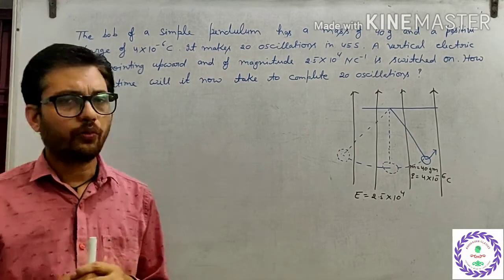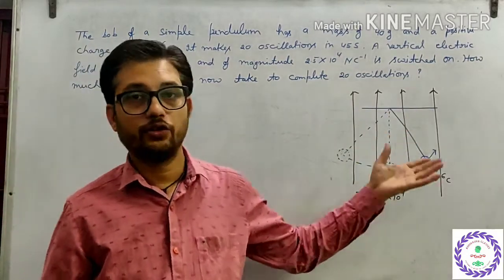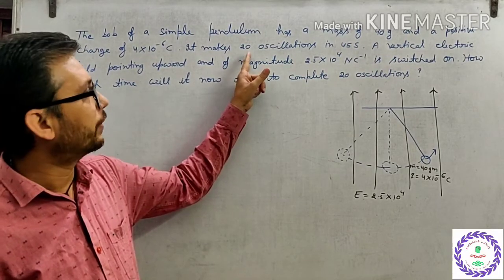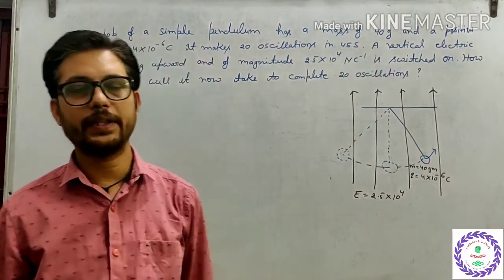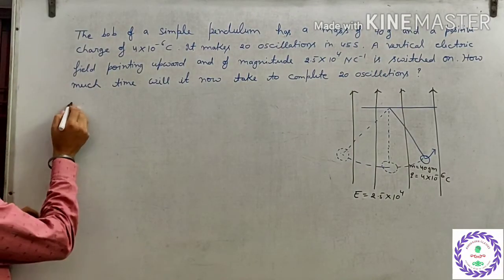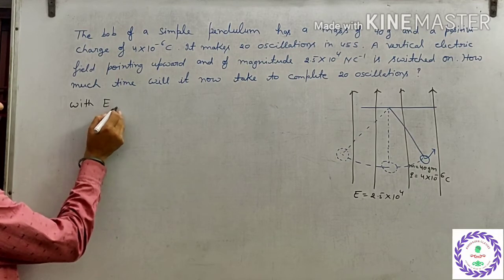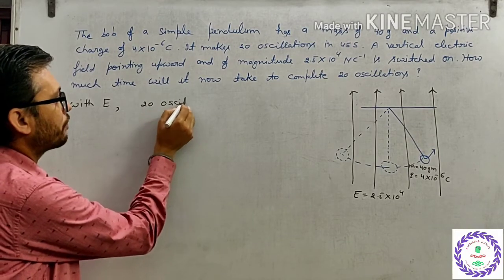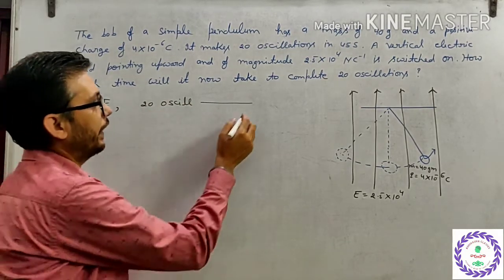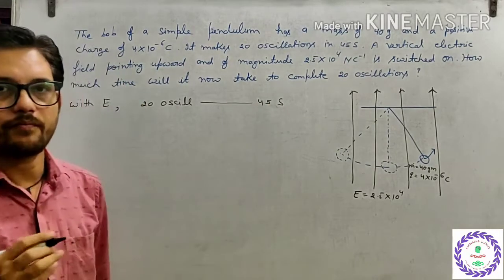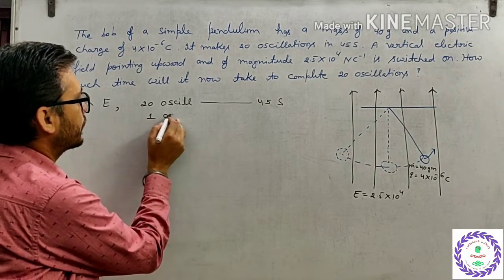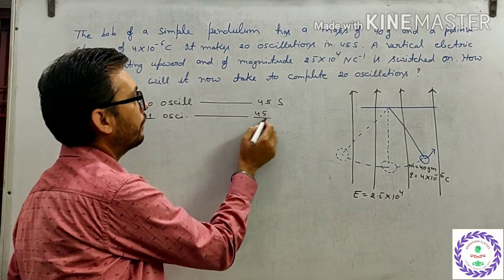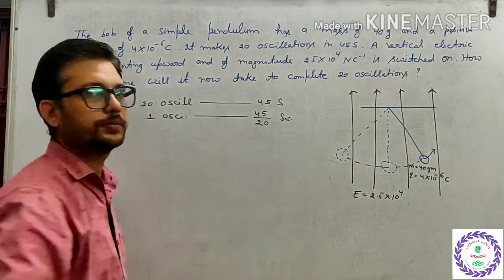Okay, so when the electric field is not there, the simple pendulum completes 20 oscillations in 45 seconds. So without the electric field, 20 oscillations can be completed in 45 seconds, so one oscillation will be completed in 45 upon 20 seconds.